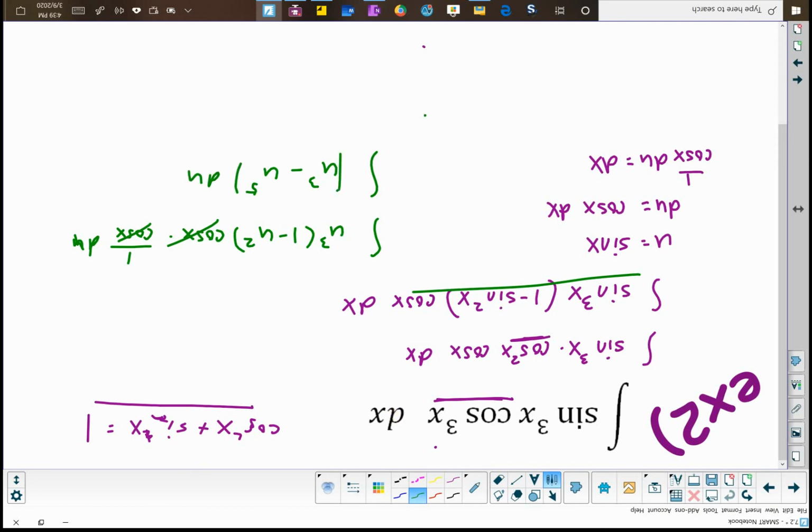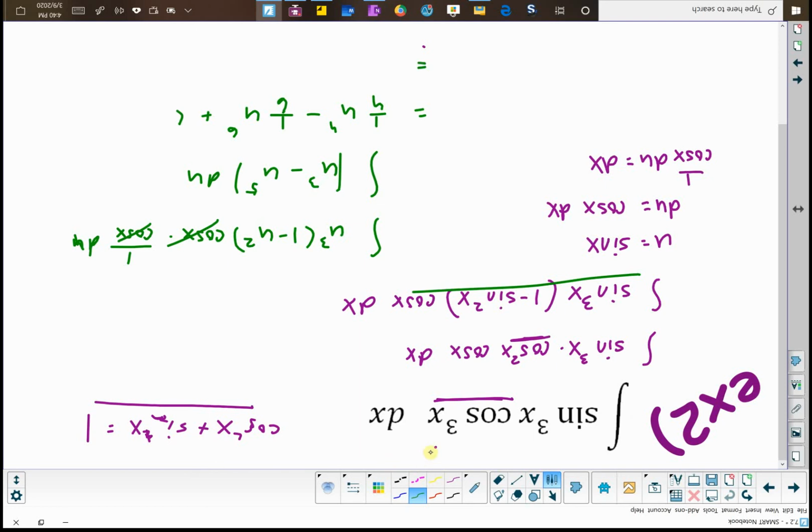Power rule says I have 1/4 u to the 4th minus 1/6 u to the 6th, plus c. Sorry, guys, I don't know why the pen is acting up like this.